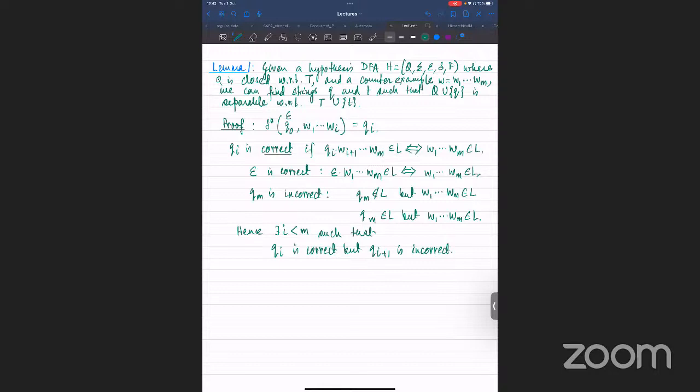There should exist such an i in which qi is correct, but qi plus 1 is incorrect. Okay.